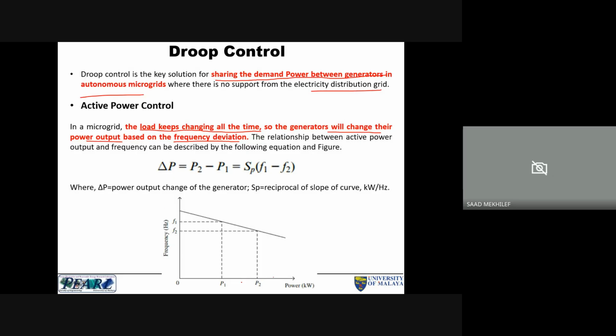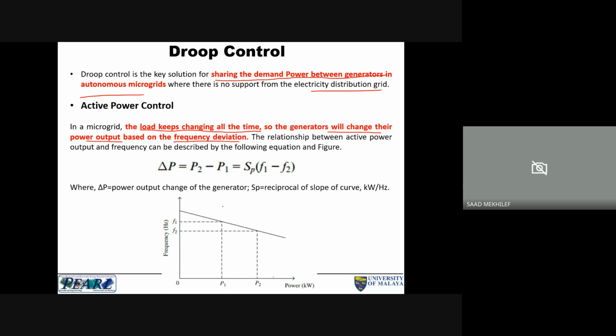When there is a power change, or there is a frequency change, this can be formulated as delta P, P2 minus P1, equal to SP, which is the slope of the curve, times F1 minus F2. This is the formula that we always use in the droop control for active power and frequency.